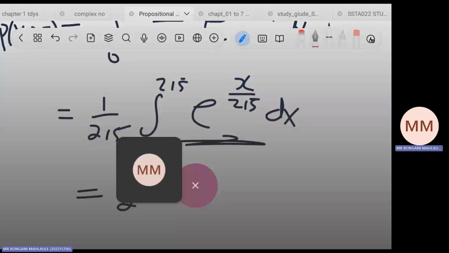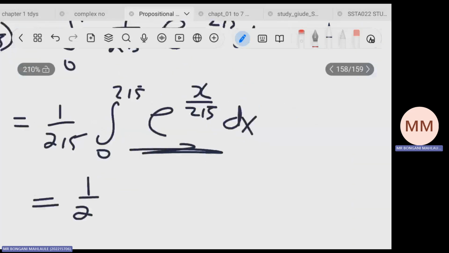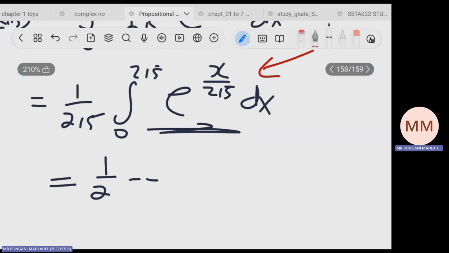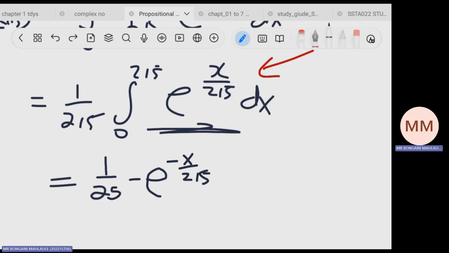So we'll have to find the integral of this. So you'll get negative Euler negative x over 2.5 times what? Let me see the derivative of this.